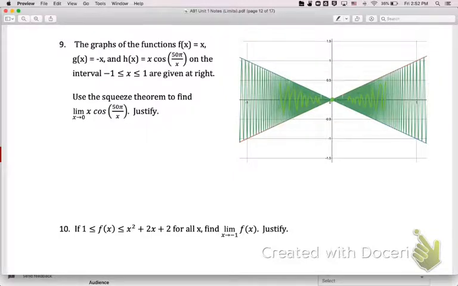So what I'm going to do when I want to use the squeeze theorem is pick a piece of the function that I know something about. In this case, it's just the cosine piece.